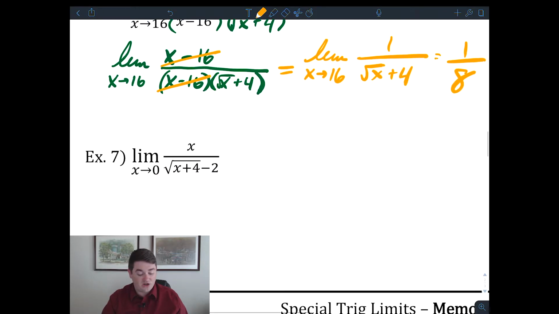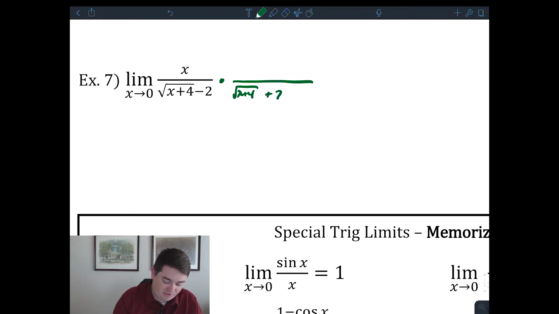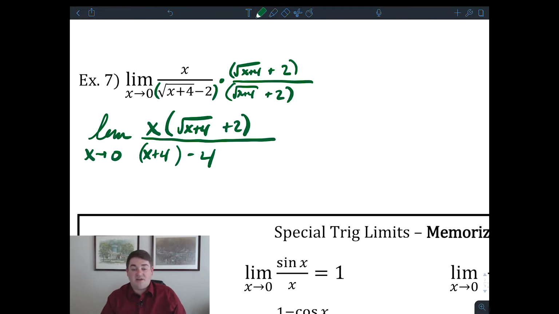Next example, another conjugate one. Feel free to try it on your own if you want to. When I plug in 0, you can pretty quickly see you're going to get an indeterminate form, 0 over 0. So I'm going to multiply by the square root of x plus 4 plus 2 in the numerator and the denominator, giving me x times (the square root of x plus 4 plus 2) over x plus 4 minus 4.